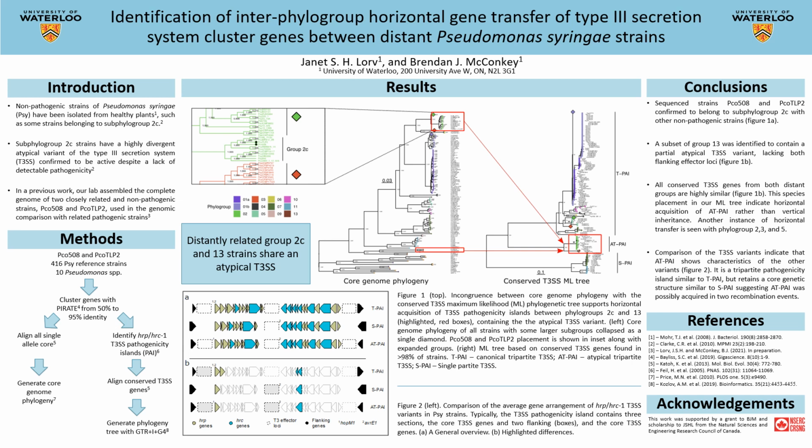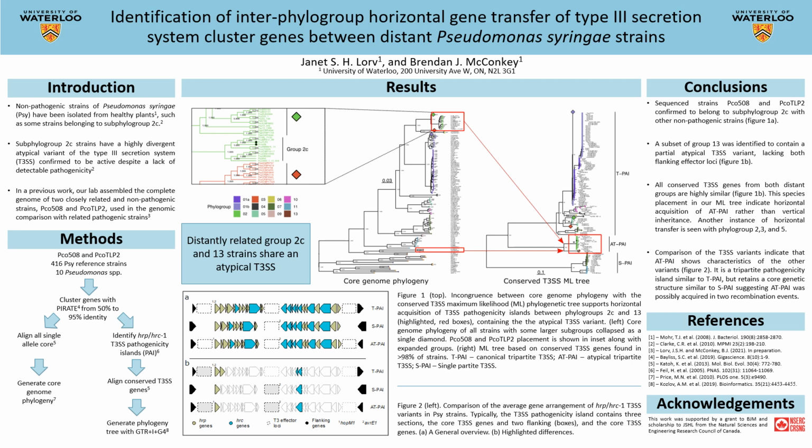And when we looked at the same gene families, we were able to identify that a subset of group 13 strains also contain this atypical variant, albeit excluding the flanking effector loci that are found in the tripartite variants. In fact, our multi-loci analysis shows that the two distantly related phylogroups group together in this maximum likelihood tree, as seen highlighted in the red boxes.